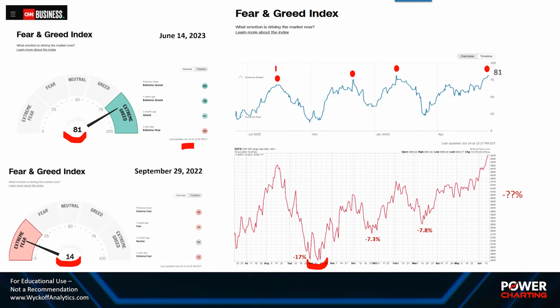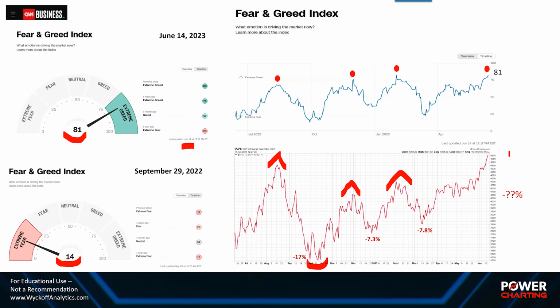These red dots represent the areas where the market peaked out. You can see here the level of the market when the sentiment reached these extremes. This was high 60s, low 70s, and now the highest reading yet, above 80.